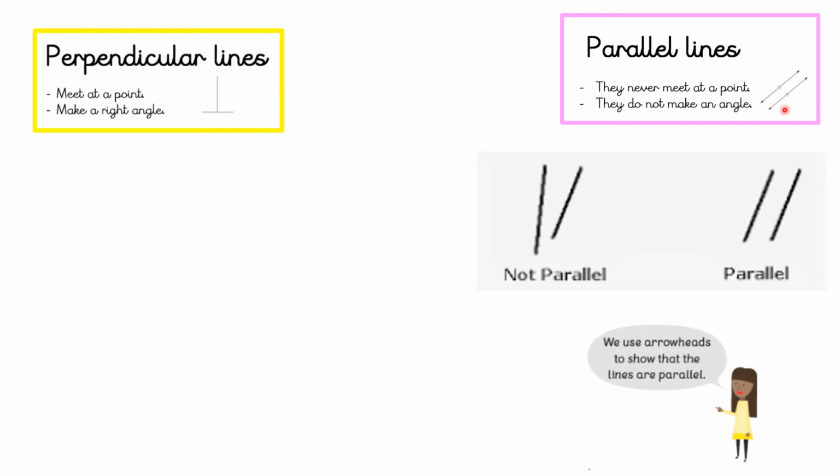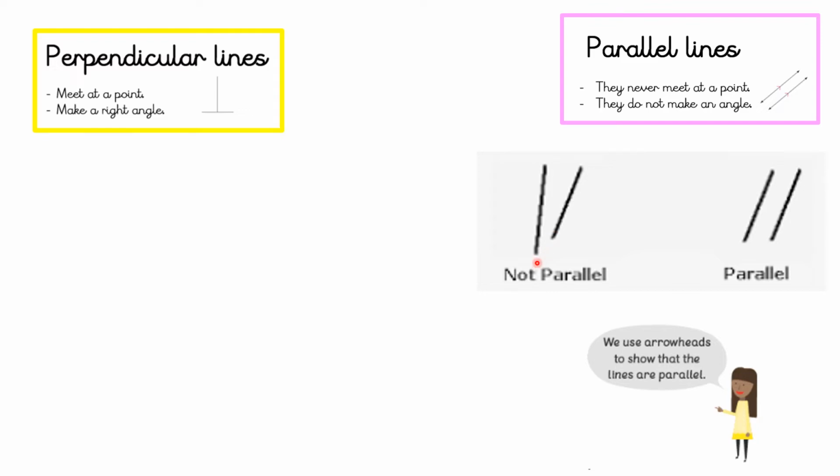Okay, so parallel lines are lines that never meet at a point and they do not make an angle. So this is a great example of parallel lines. But these ones, look, here in the picture the lines are not meeting at a point and they are not making an angle. But if I extend the lines, I know that at some point they will meet and they will form an angle. So we cannot call these parallel lines because at some point, if we keep drawing, they will meet at a point.